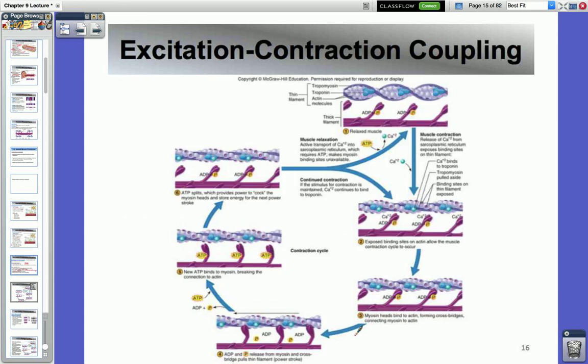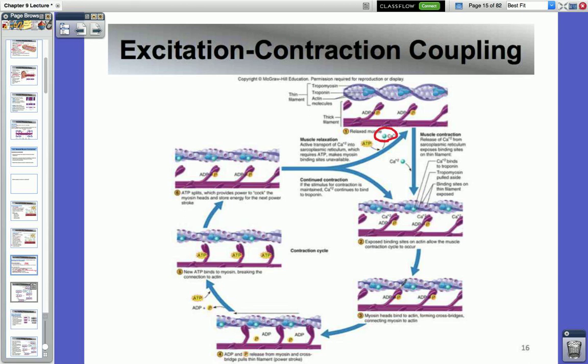This is an awesome picture that kind of shows everything that's happening here. We have myosin heads that want to combine with these actin molecules, and we have tropomyosin that's in the way. When calcium is released, calcium then binds to troponin. Troponin will then change shape. It will pull tropomyosin out of the way. And so now we see those dark purple spots there.